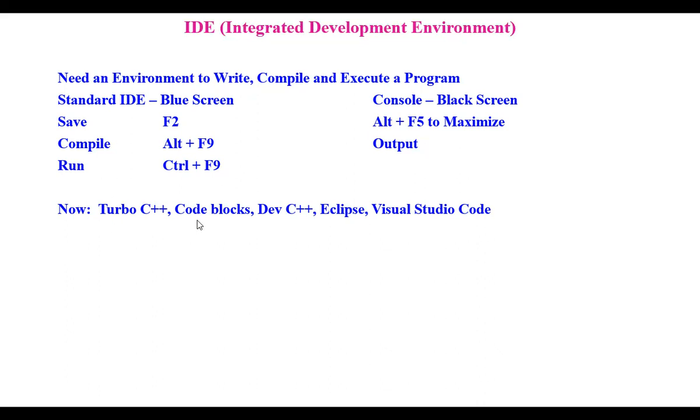There are some other IDEs available for C compilers: you can also use Code Blocks, Dev C++, Eclipse, Visual Studio Code, etc. Once you are ready with all this, now we can write a program and get our work done.